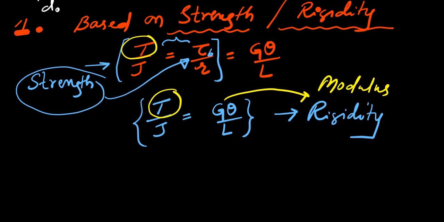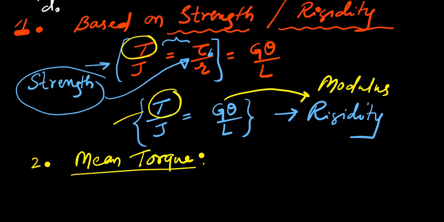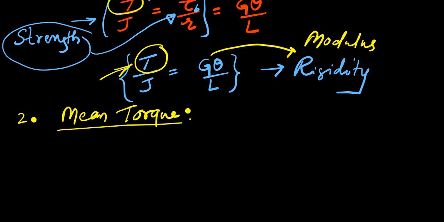So the next procedure will be the mean torque, which means you have to obtain the torque. The mean torque can be calculated using the power transmitted by the shaft equation, where P is equal to 2 pi n T by 4500.